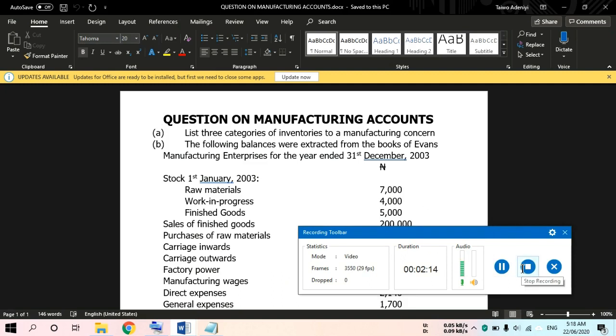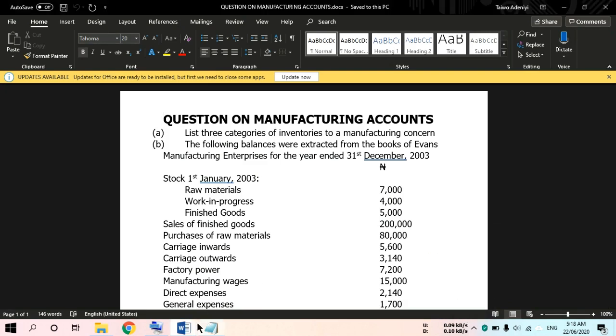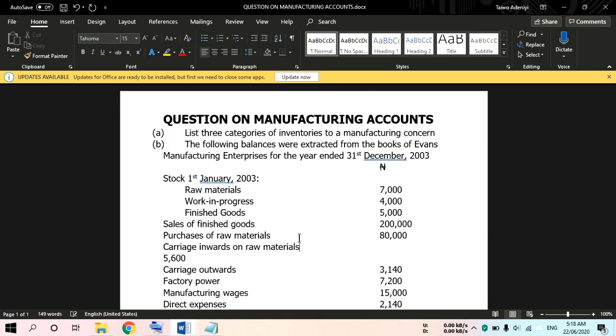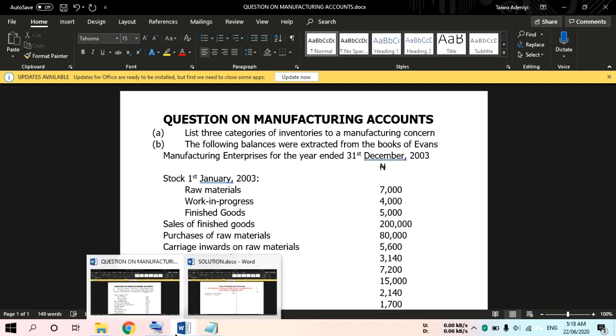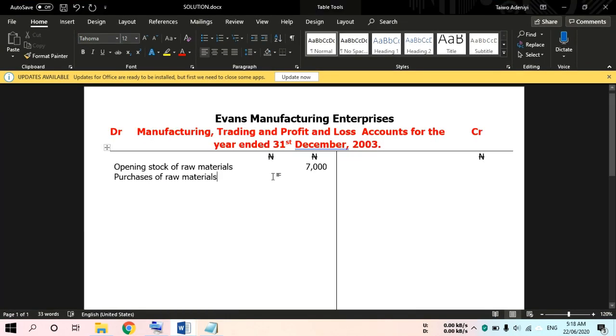Okay, this carriage inwards is supposed to be on raw materials. So we'll copy that, carriage inwards on raw materials. Since we have that, our purchases of 80,000 is going to be on the first column.